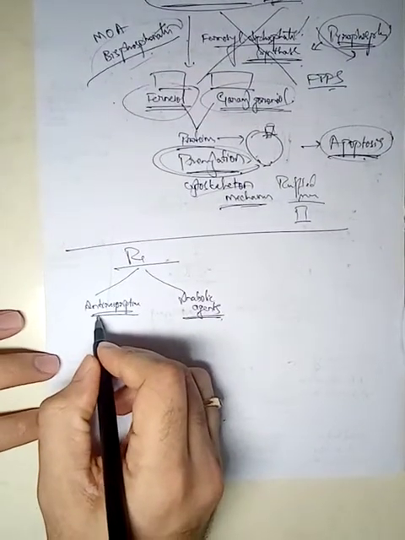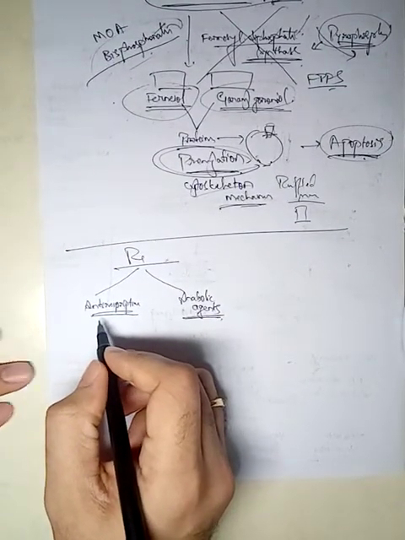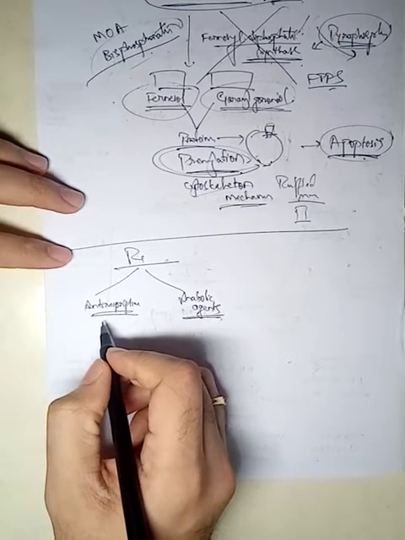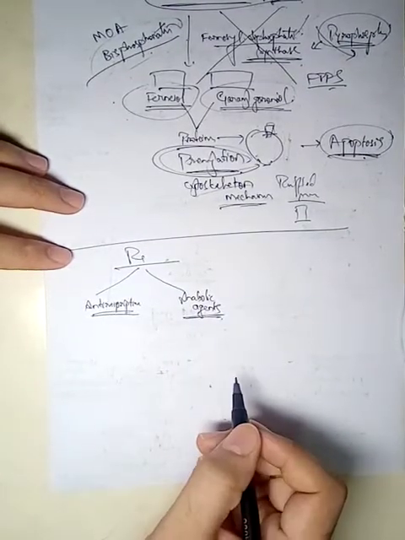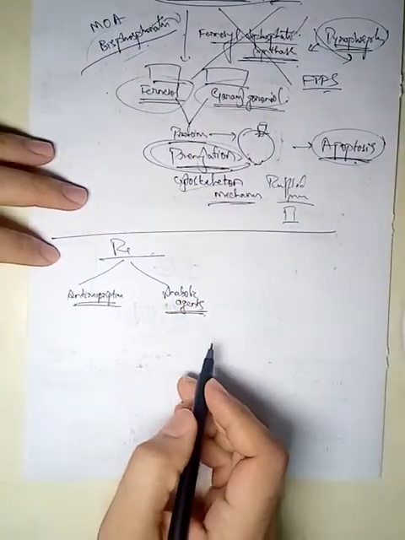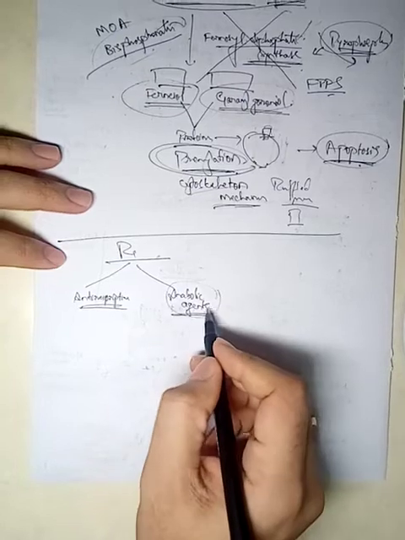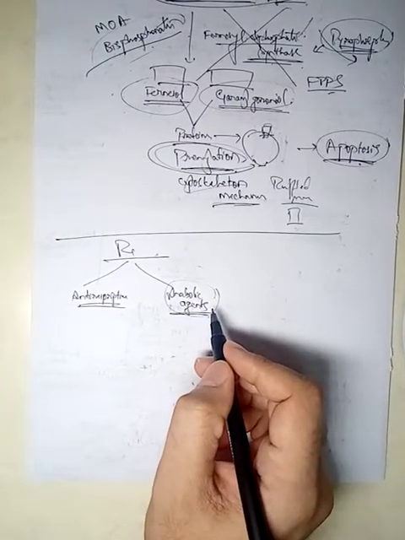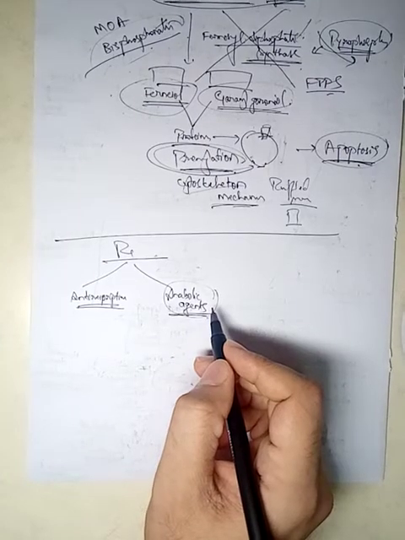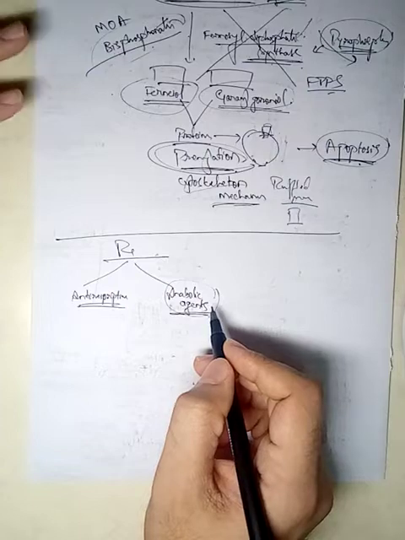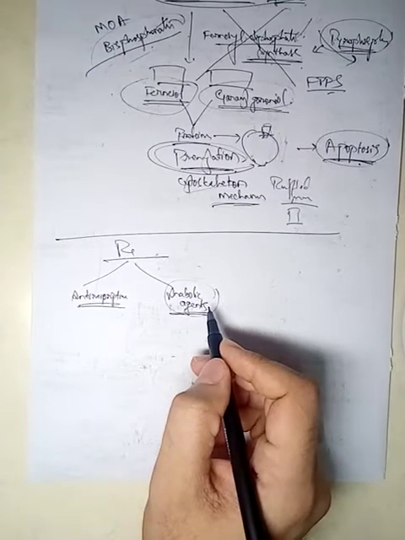Okay, so in anti-resorptive we mainly concentrate on the osteoclast inactivation, so that the resorption will not occur. Okay, so in anabolic agents we increase osteoblastic deposition to cope up with the osteoclastic resorption, so that the net loss is not there.